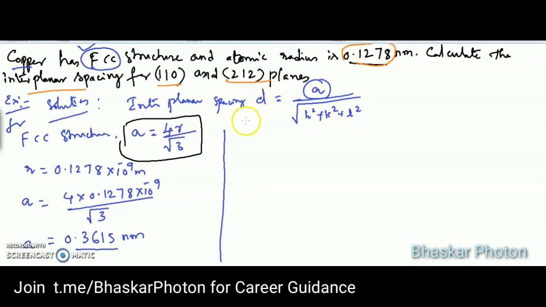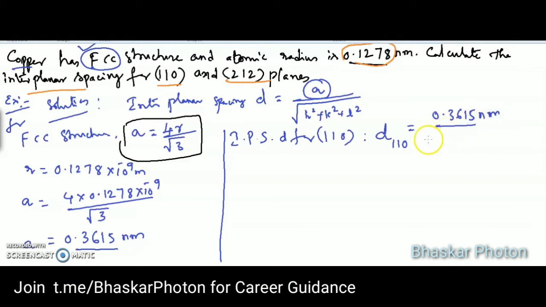Now you substitute for different planes. Let me write, this is interplanar spacing D, for the first one, the 110 plane. So that is D110, A becomes 0.3615 nanometers divided by root of h square plus k square plus L square.